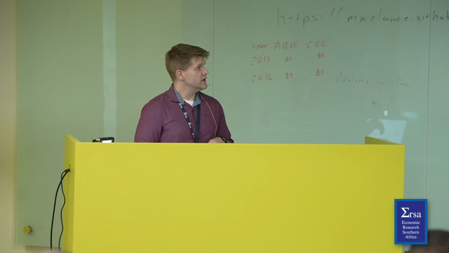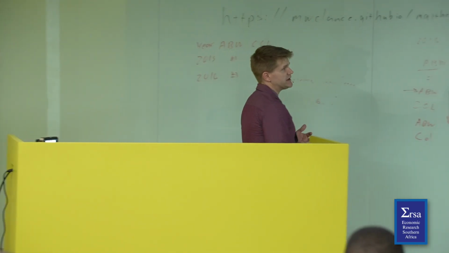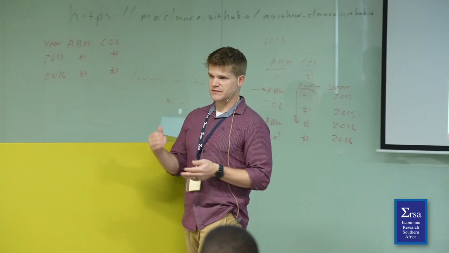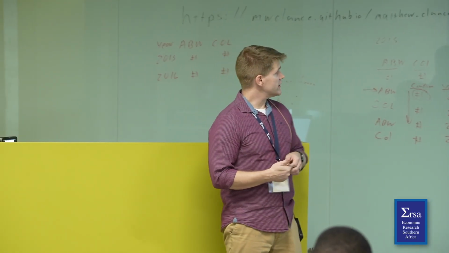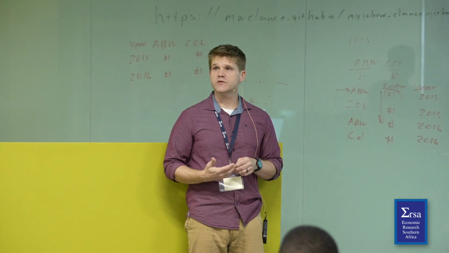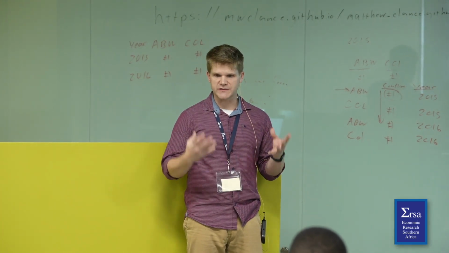Okay, so from this particular code, I was just trying to give you an idea of how to go about putting the data set in, subsetting it, and making whatever changes you need before you actually go about the estimation.